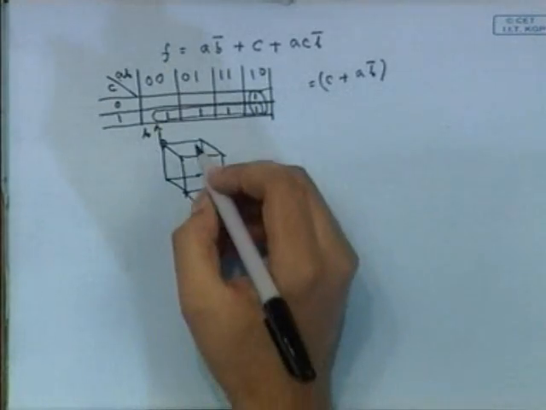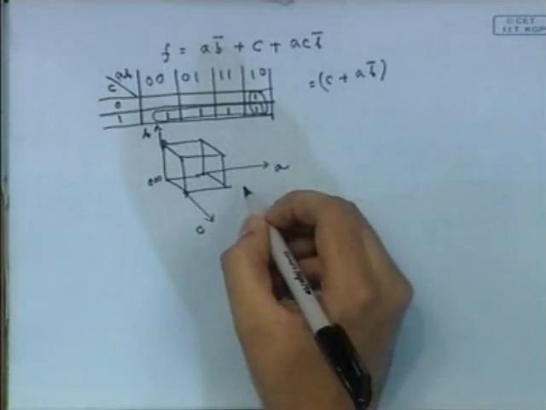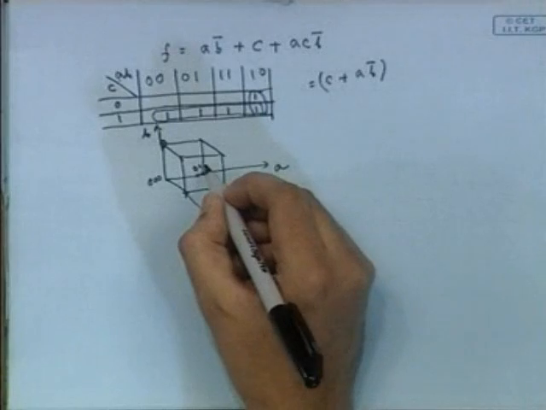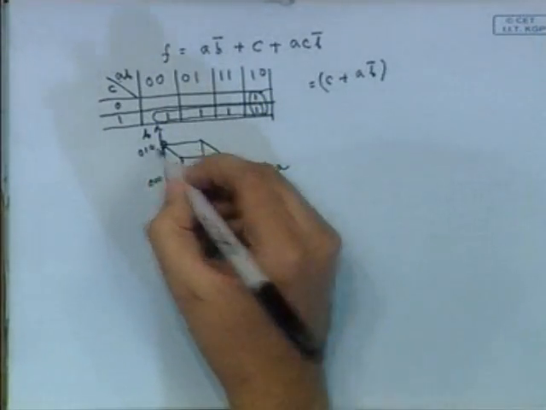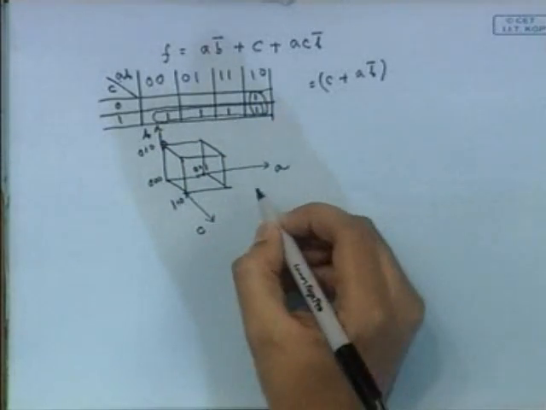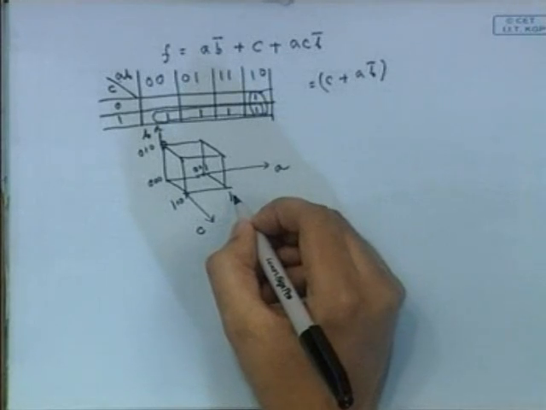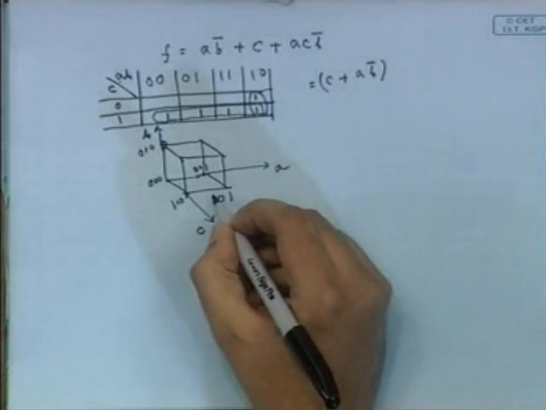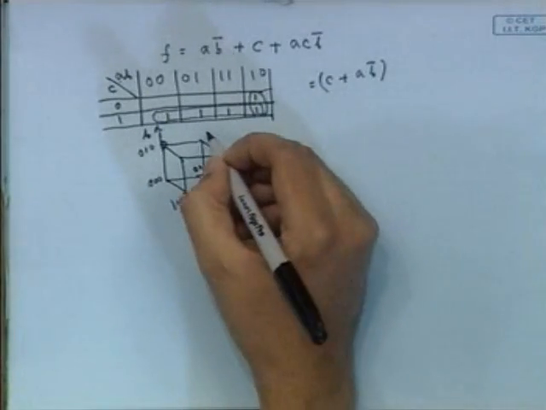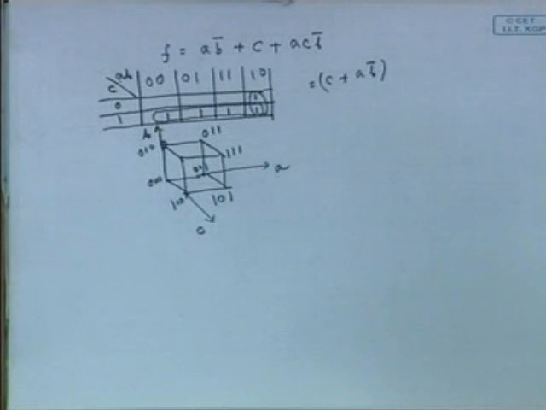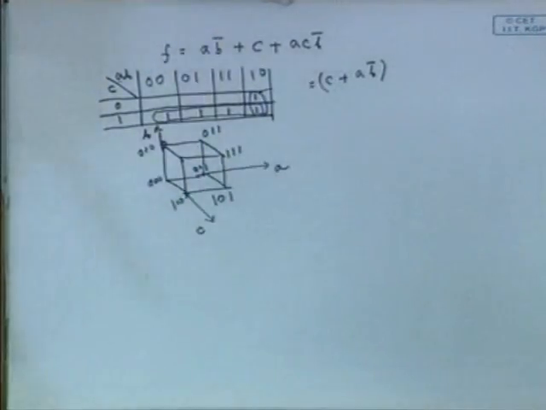Now, this is the 0 0 0 point, this is the 0 0 1 point, this is 0 1 0, this is 1 0 0. Now whichever are the minterms in this cube, we will encircle them.